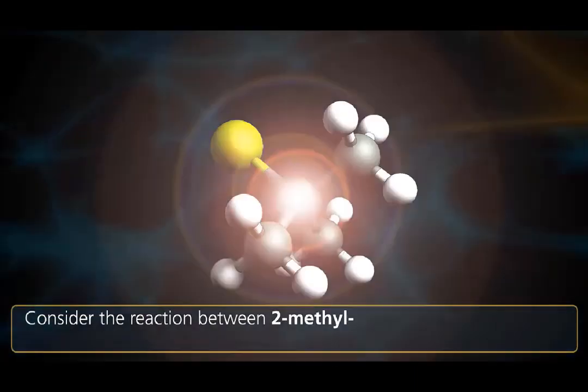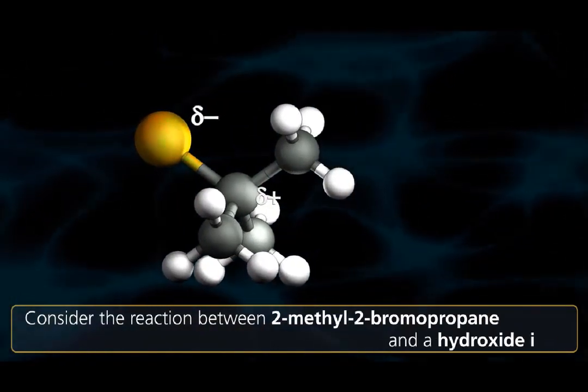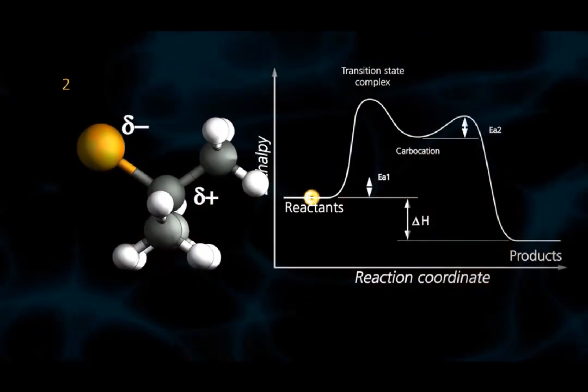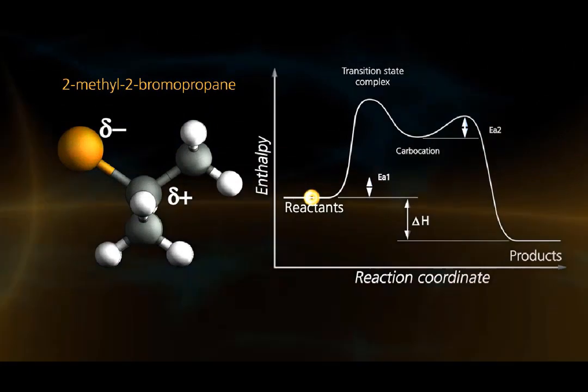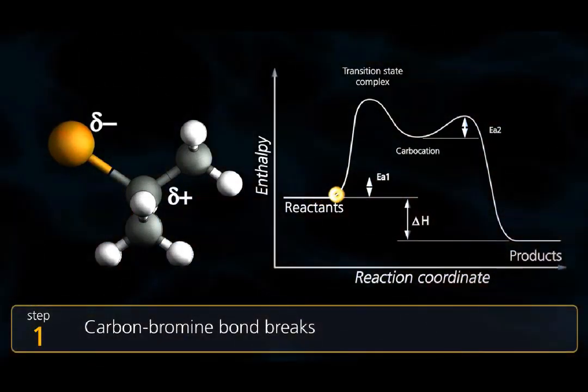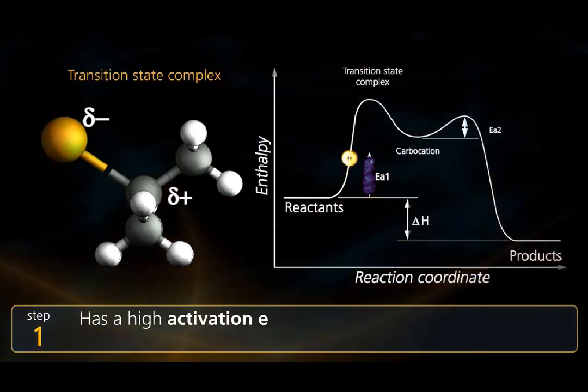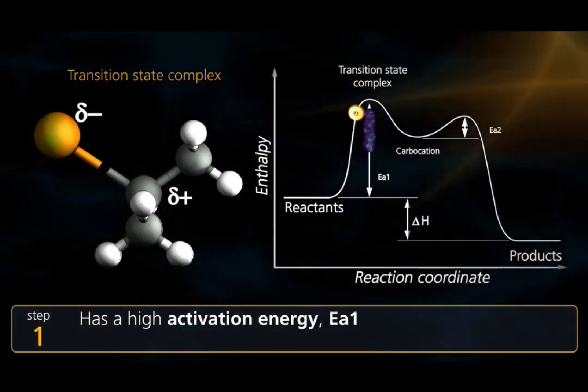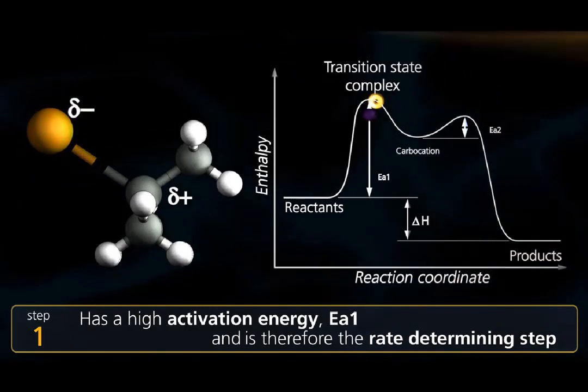Consider the reaction between 2-methyl 2-bromopropane and a hydroxide ion. It has a two-step enthalpy profile. The first step, the heterolytic fission of the carbon-bromine bond, has a high activation energy, EA1, and therefore determines the rate of the reaction.